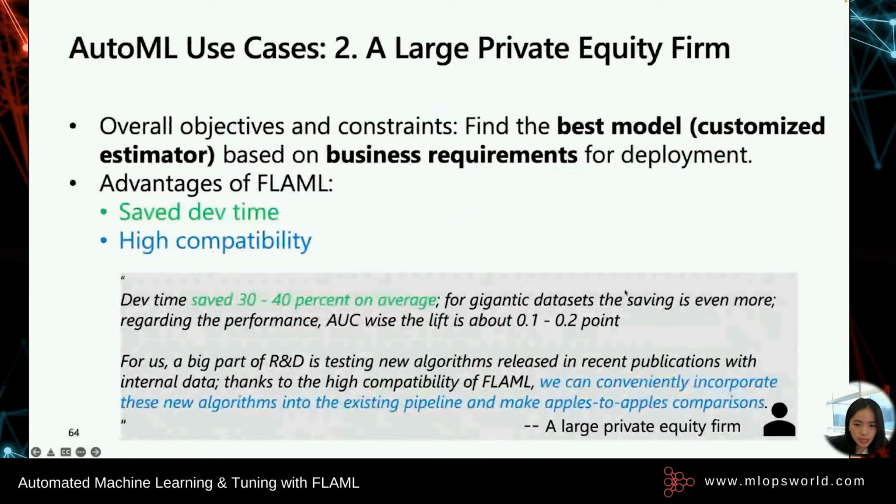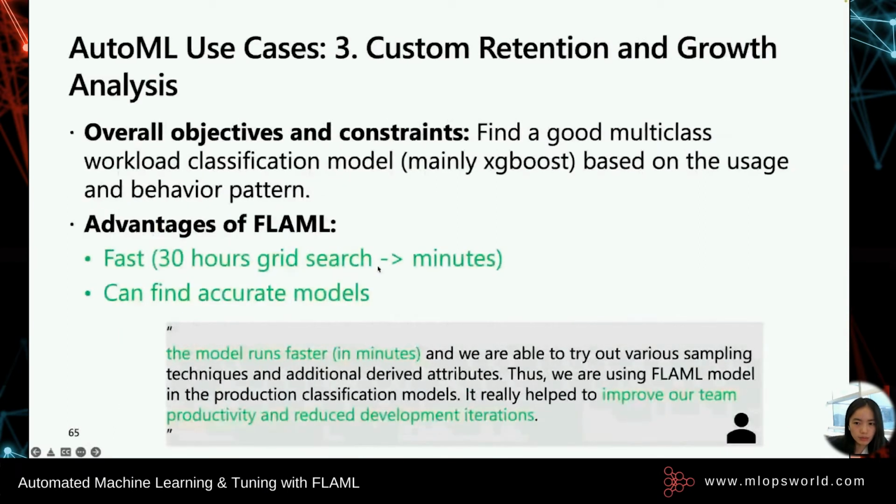The second use case is from a large private equity firm. This user is trying to find the best model based on business requirements for deployment. FLAML helped to save their dev time, and the high compatibility of FLAML is also appreciated. The third use case is in the domain of customer retention and growth analysis, where the overall objective is to find good XGBoost models.